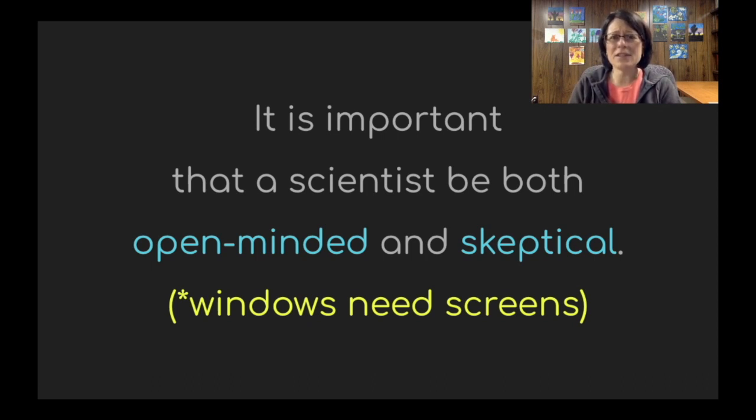For example, I teach at a Christian school. So when we do experiments, we have to be open minded about the results. But we also have to be skeptical in that our filter at our school is, in fact, the Bible. And so if something goes against the Bible, we have to take a look at it and say, am I looking at this correctly? Okay, and use that as a filter.